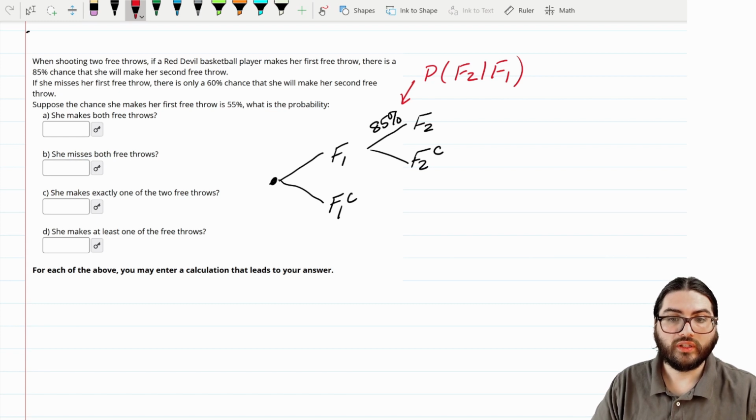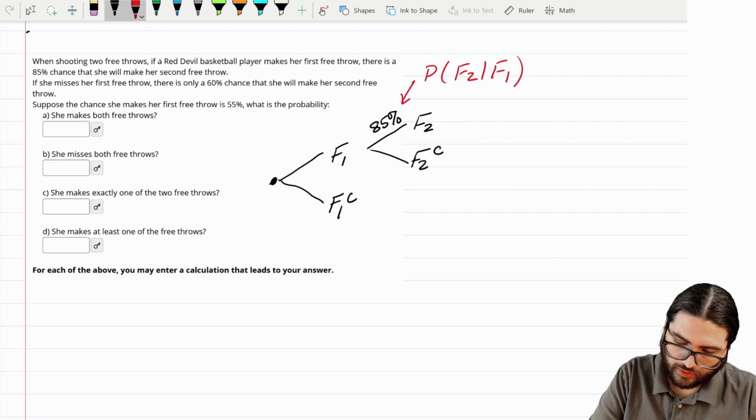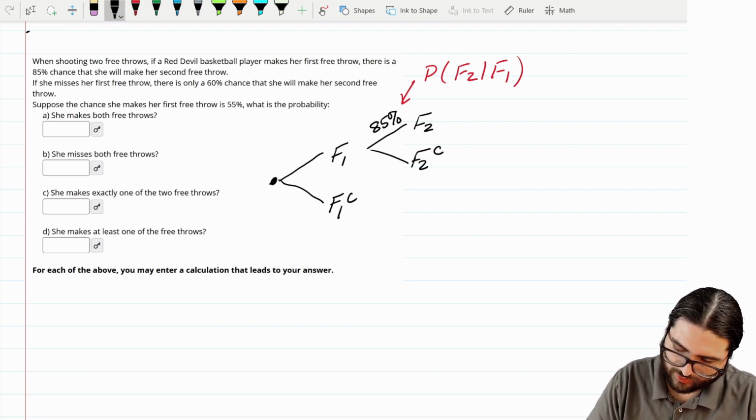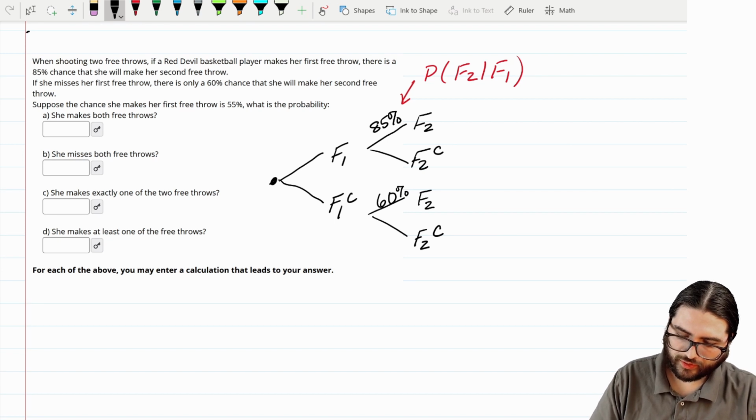A tree is really the right sort of diagram to make here because I'm given conditional probabilities. It says if she misses the first free throw, there's only a 60% chance that she makes the second. Oh, must have gotten in her head that she missed that first one. 60% chance she makes the second.